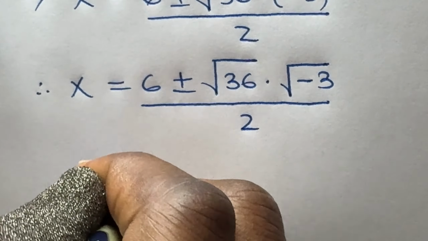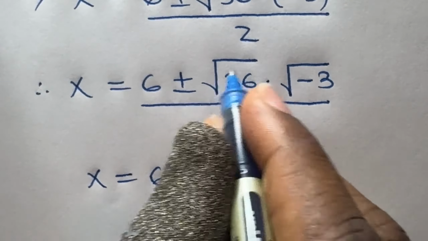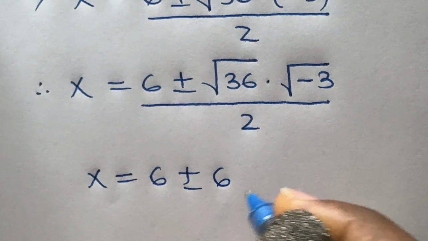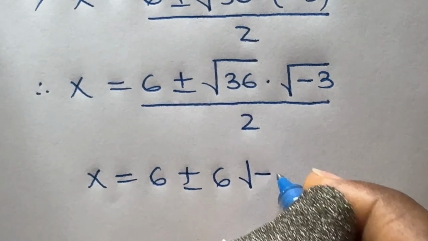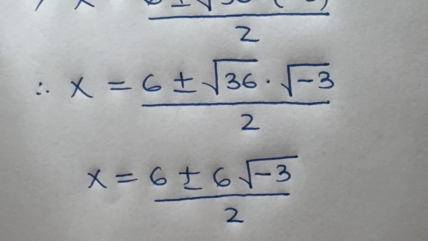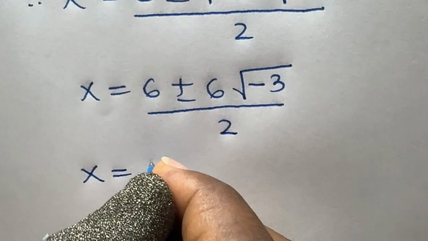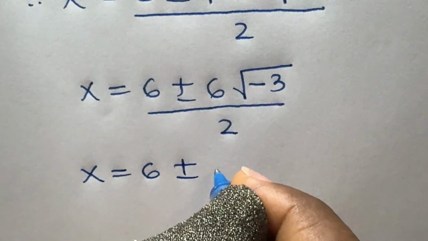This will give us x is equal to 6 plus or minus square root of 36 here is 6, then root minus 3, divided by 2, which will give us x is equal to 6 plus or minus 6.